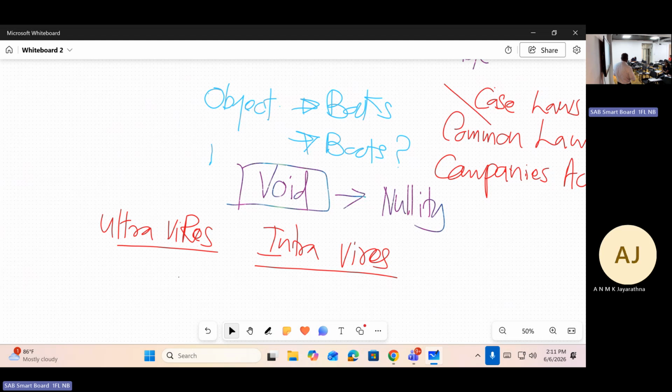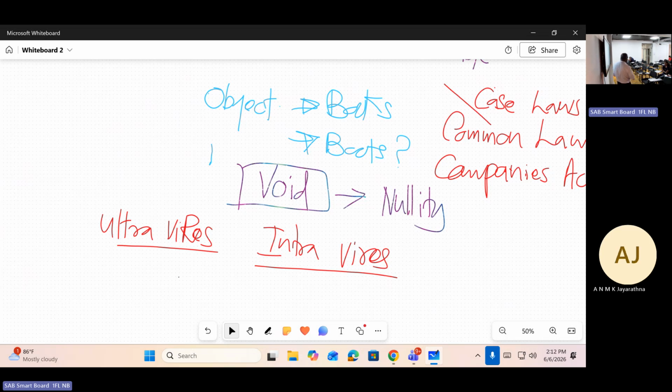Their main object was manufacturing railway components and carriages. However, the company engaged in a contract with another party to lay the railway line.